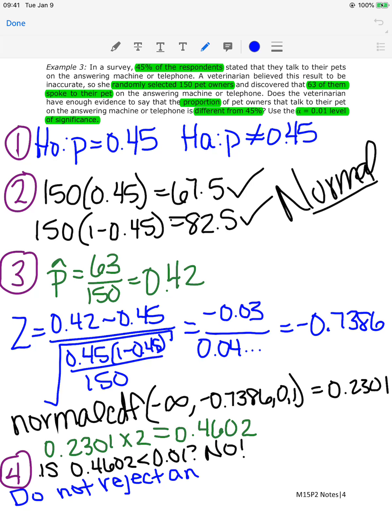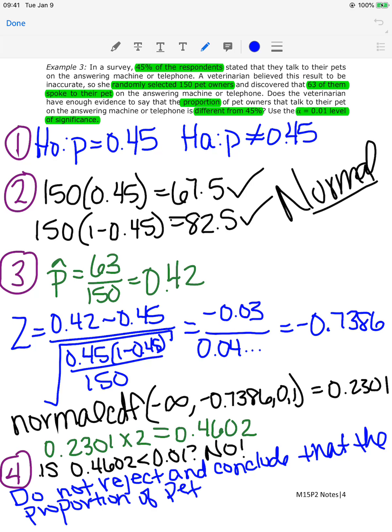So do not reject and conclude that the proportion of pet owners that talk to their pet, this should say on the telephone or answering machine, is not different from 45%.